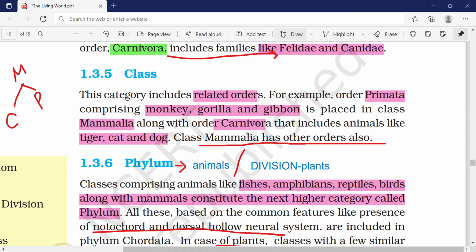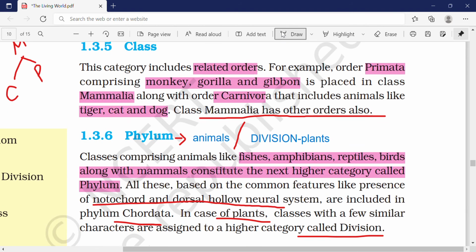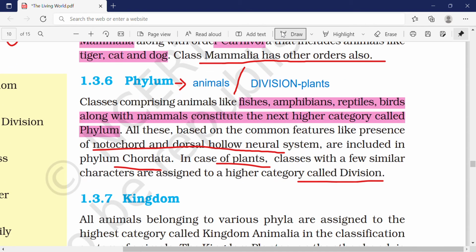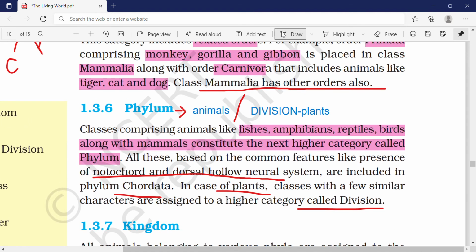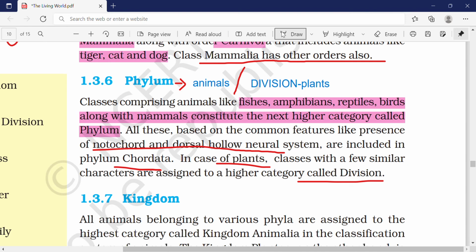Yes, next let's go to phylum. Phylum is the term used for animals and division is the term used for plants. A group of classes together is called a phylum or division. So when classes comprising animals like fishes, amphibians, reptiles, birds along with mammals constitute the next higher category called phylum.